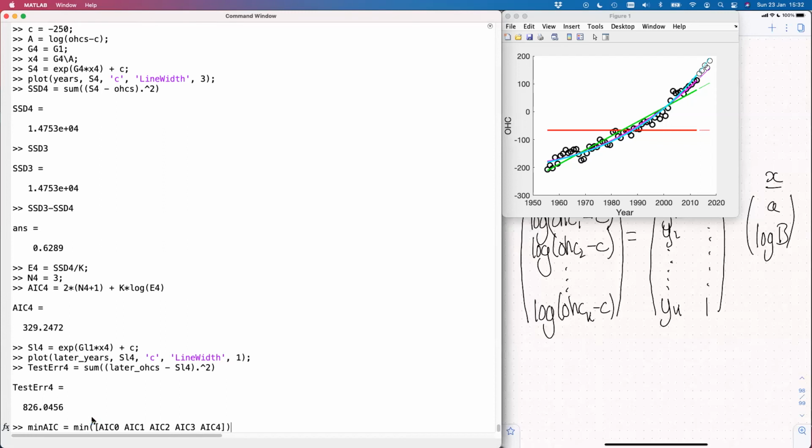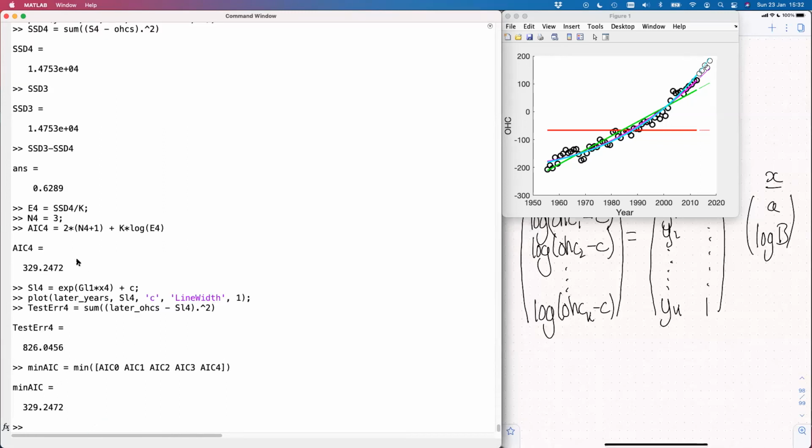This should, of course, come out to the value for the AIC for model number 4, and indeed it does. And then from that, we can now compute the Akaike weight for each of our 5 different models. So for model number 0, that Akaike weight then will be exponent of the minimum AIC minus AIC for this particular model divided by 2.